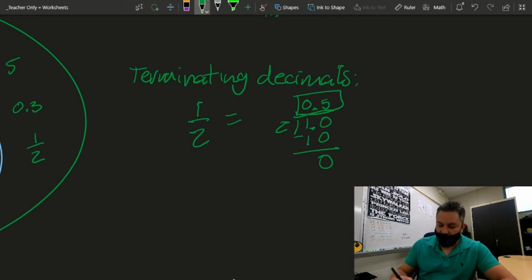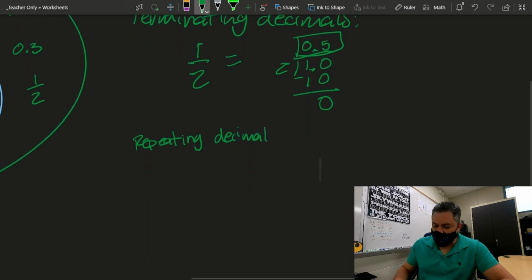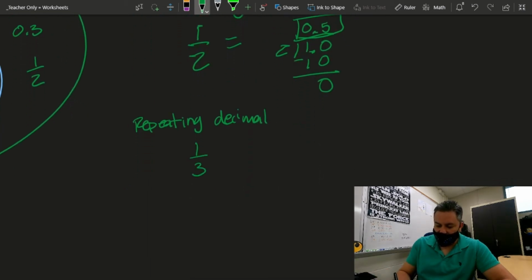Now, on the other hand, a repeating decimal, what do you think that is? One that never stops and is always going to be the same. For that example, I'm going to give you 1/3. It can be positive or negative, it doesn't matter.